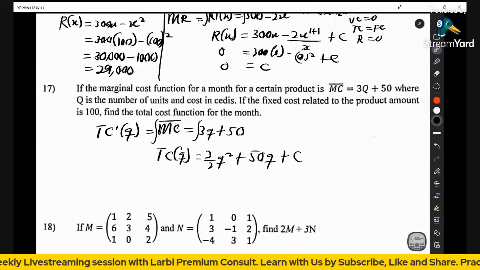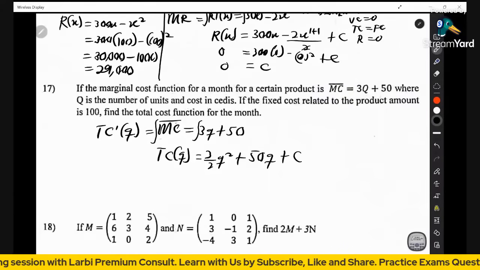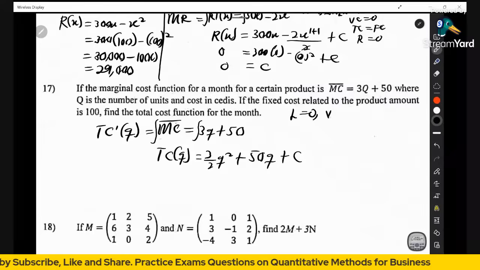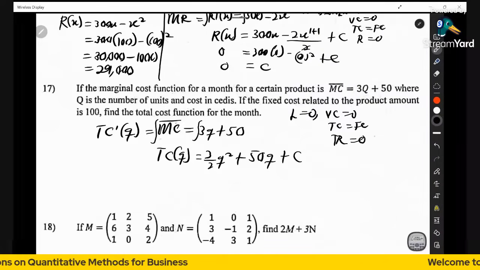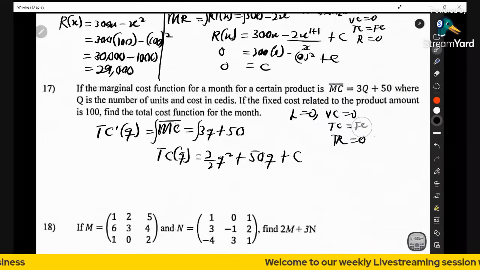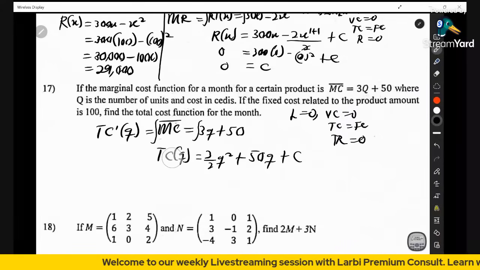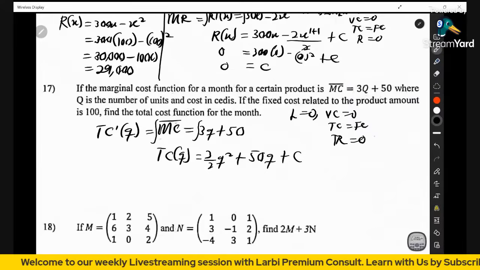So here you also make an assumption that at the production level of 0, our variable cost is 0, our total cost equals our fixed cost, and our total revenue is equal to 0. But here we're interested in the total cost being equal to the fixed cost, because the production level is 0. So total cost would then be equal to the fixed cost, which in this case was 100 cedis.